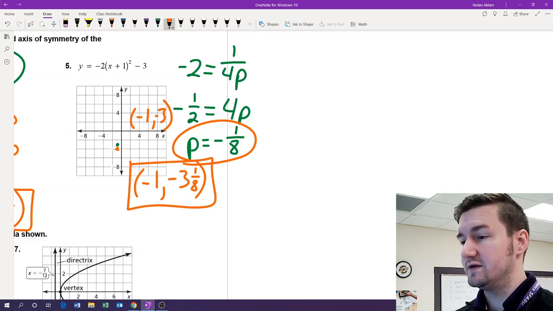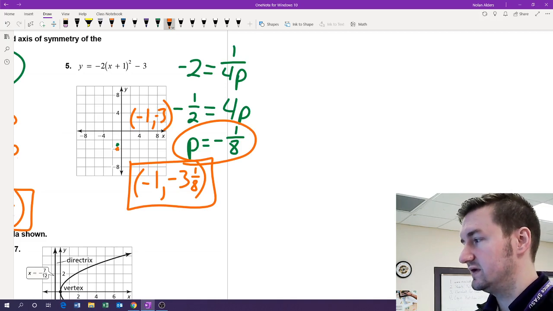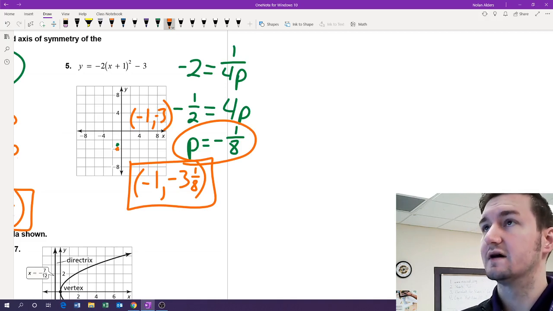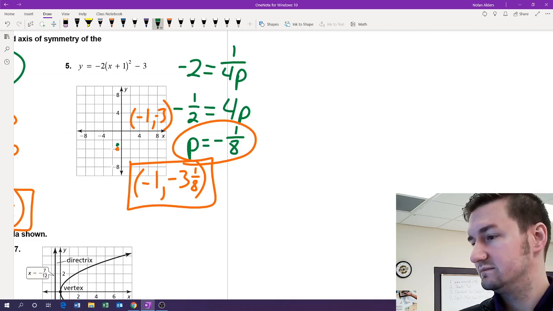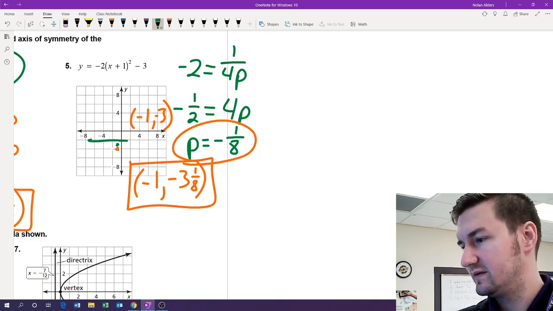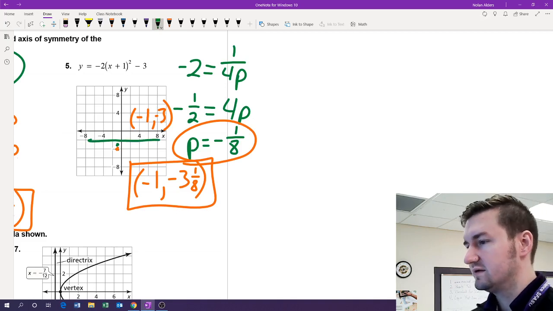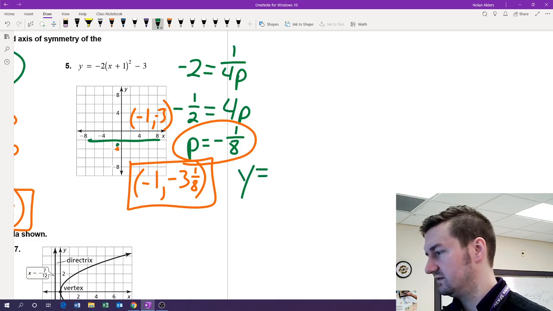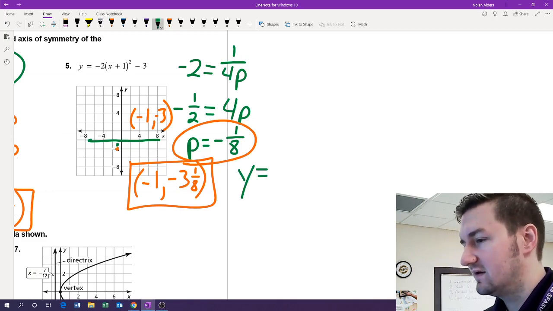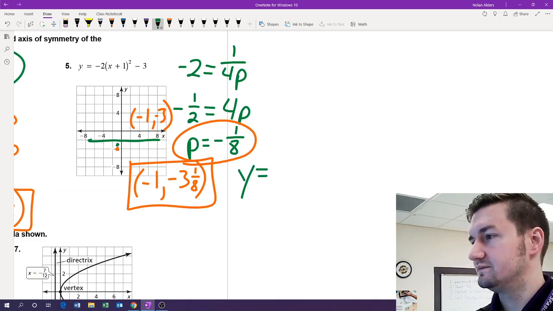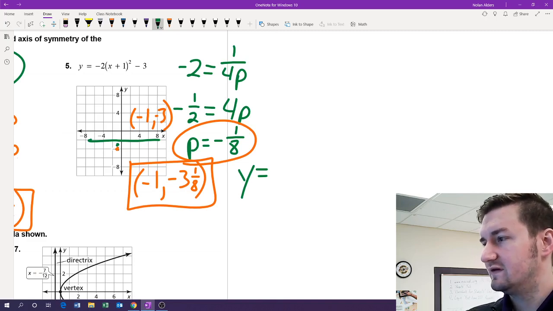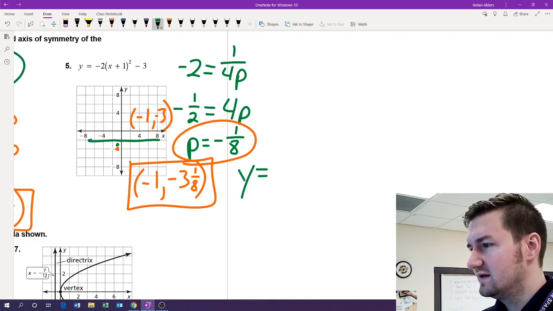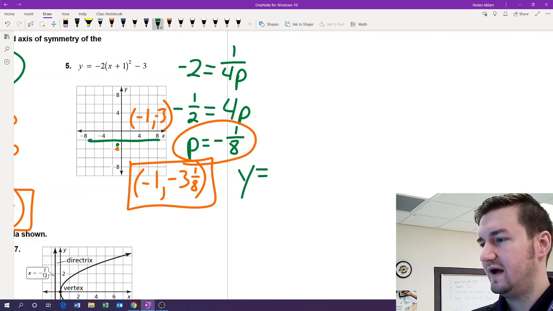focus. The directrix is going to be 1/8 on the other side of our vertex. So it's going to be a line right up in here somewhere. So we could write that as y equals, so if our y value for the vertex was at -3, then it'll be 1/8 back towards the origin.